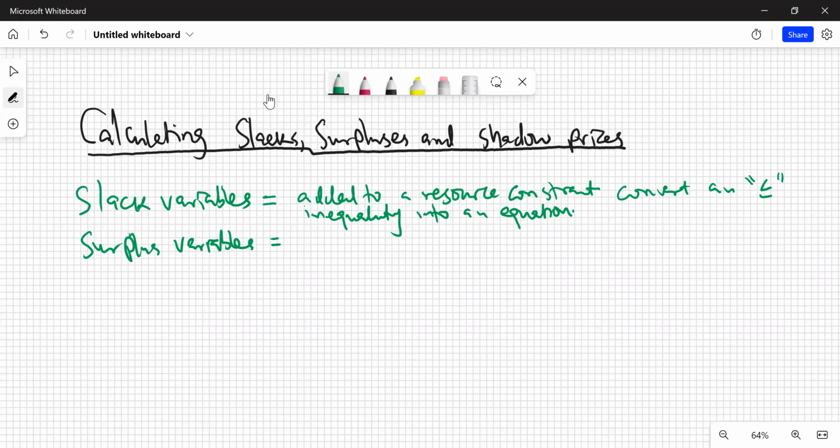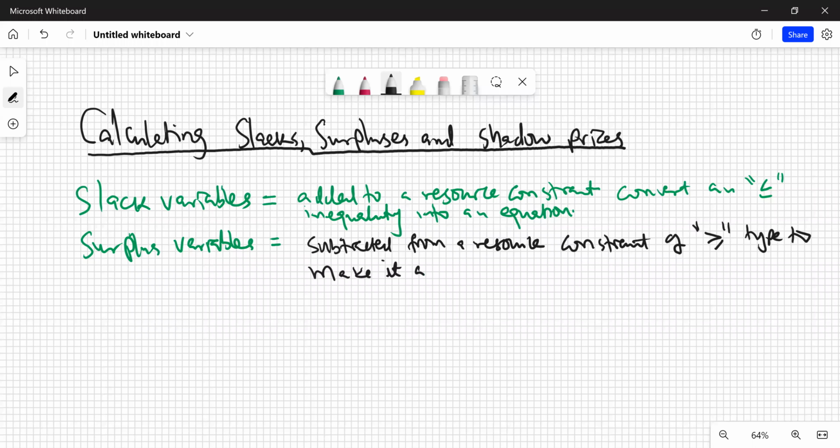Talk about a surplus variable: it is subtracted from a resource constraint of greater than or equal type to make it an equation.